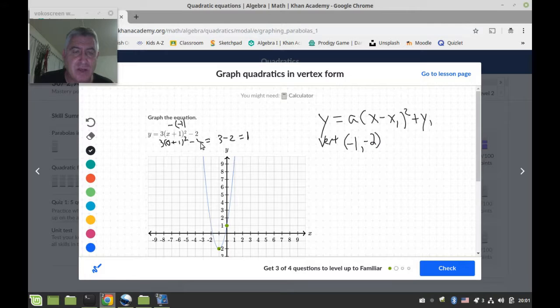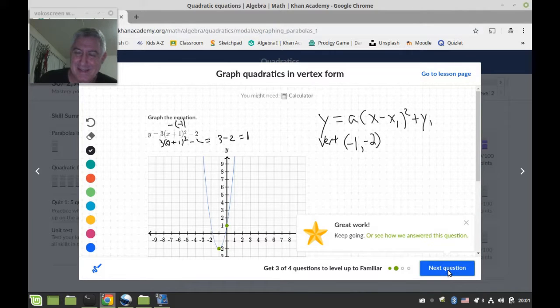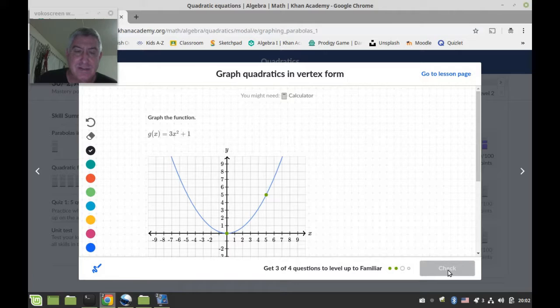If we have a fraction here, something a little bit between 0 and 1, it'll be wide and curved. The higher this number goes, the steeper it is. All right, we got 2 more here. Okay.